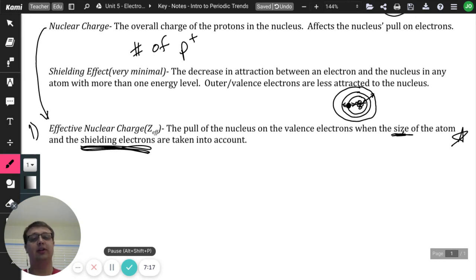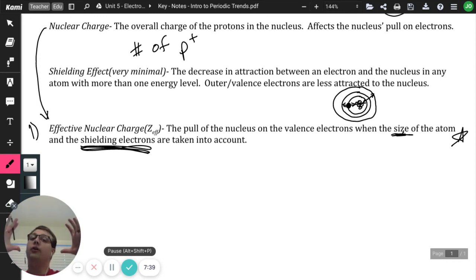So of those energy levels, the larger the atom is, the less pull on those valence electrons there will be, okay? Now, as we add more protons, we're going to be increasing that pull, right? And so if we increase that pull, that's going to be pulling on those electrons a little bit harder. But that is something to keep in mind.